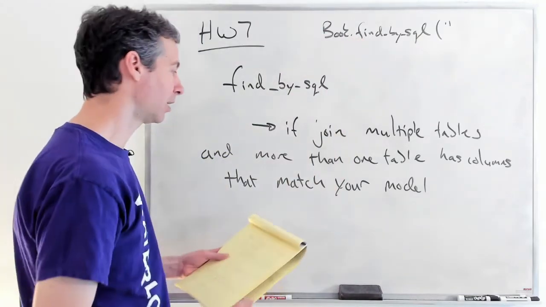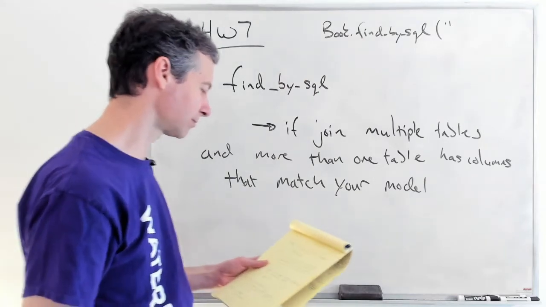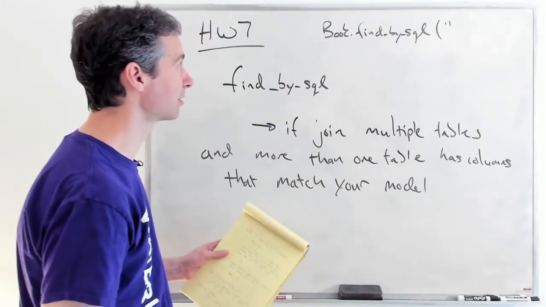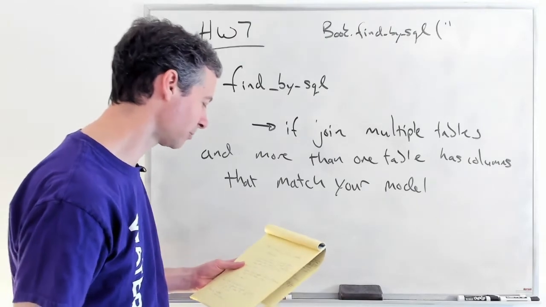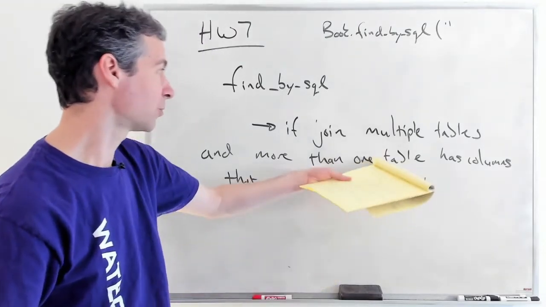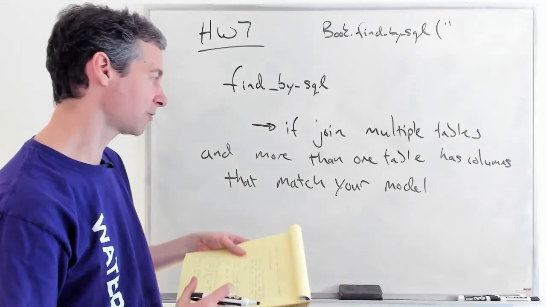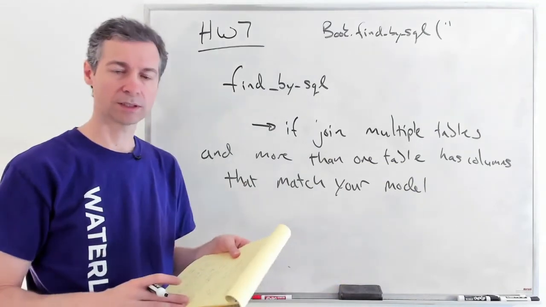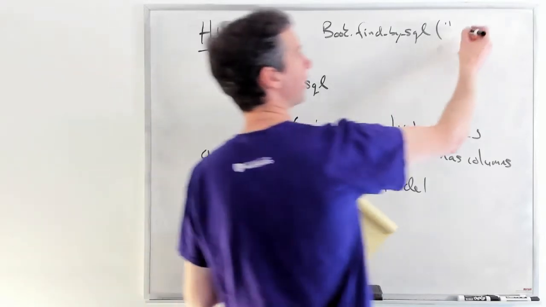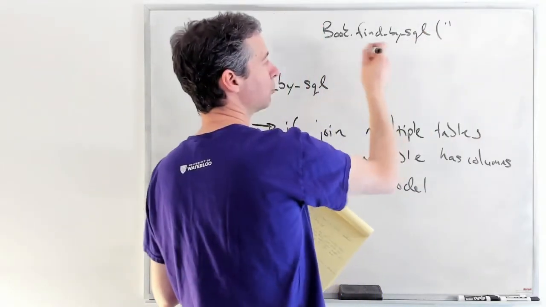Well, there's a dilemma there, in that if you have more than one table with the columns, somewhere in here you're going to have select blah blah blah from books.